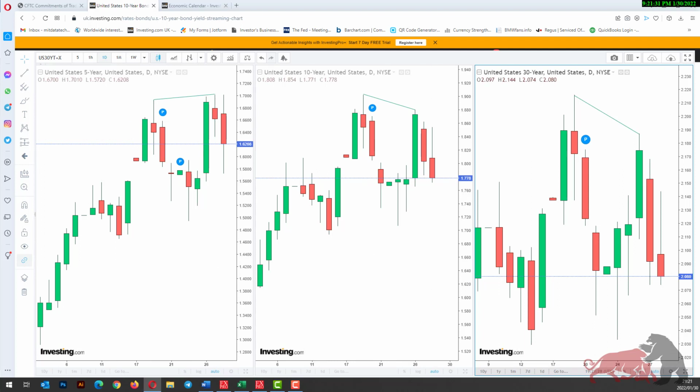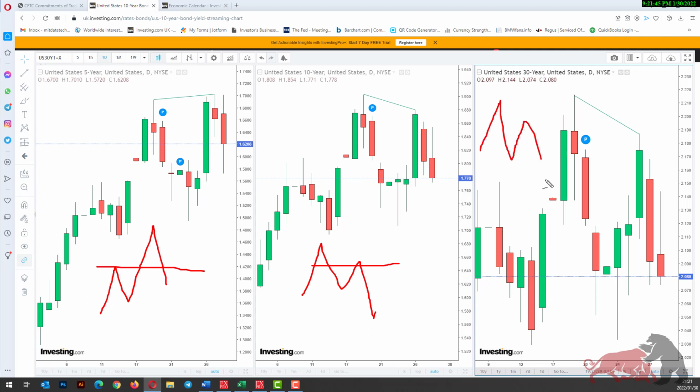So you can clearly see the divergence which is here, guys, is we've got the 5-year redistributing, right? And then we've got the 10-year redistributing. Then we also have the 30-year redistributing. What does this tell you?